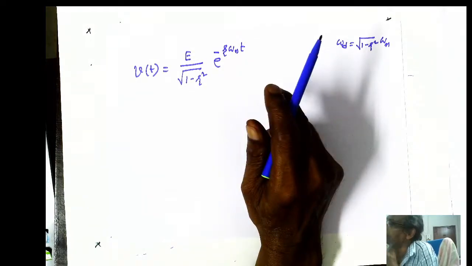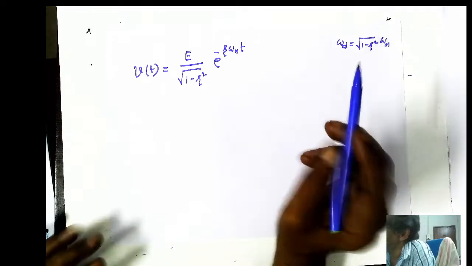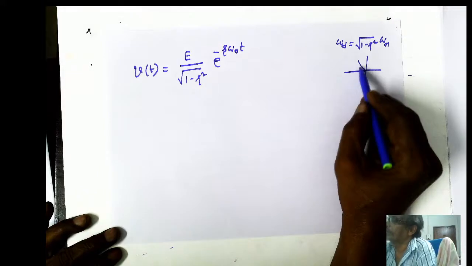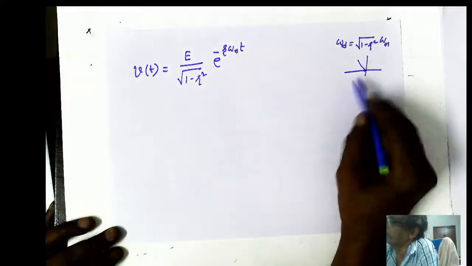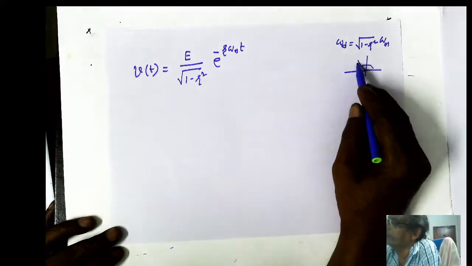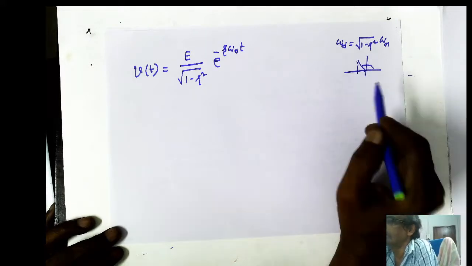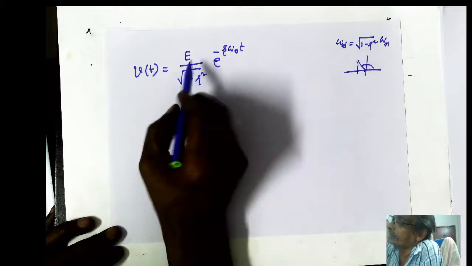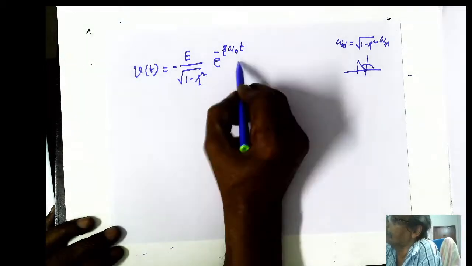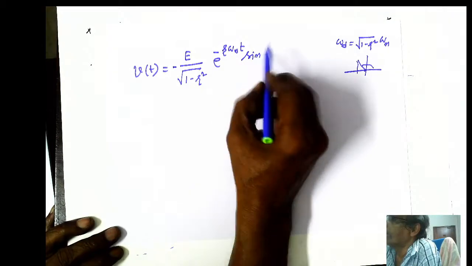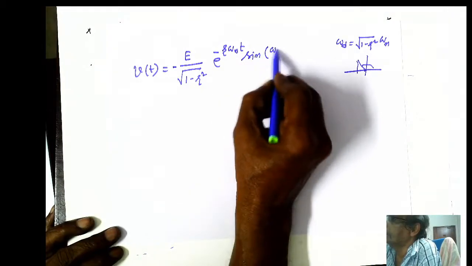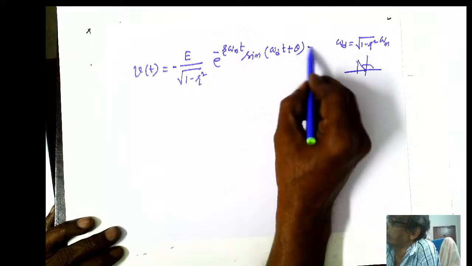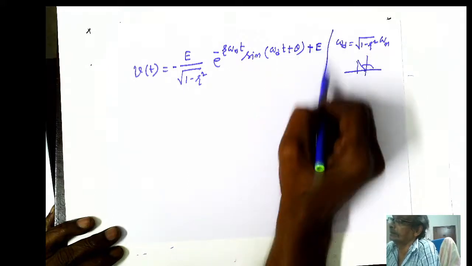Cosine 90 plus theta should be negative. So cosine 90 plus theta is minus sine theta. So this can be written as minus sine of omega d t plus theta, and plus E. This is the solution.